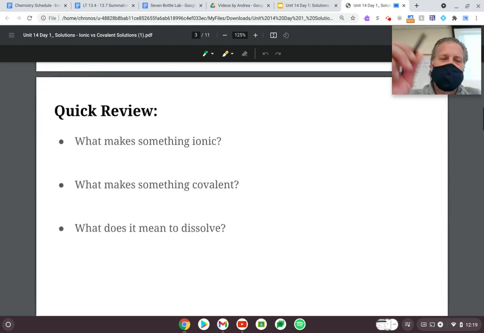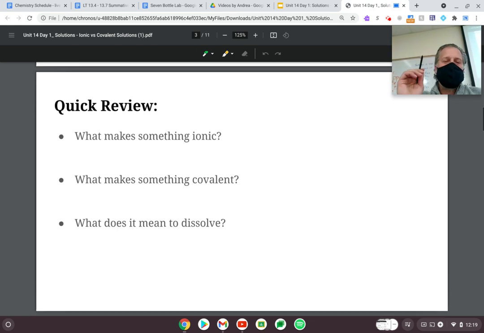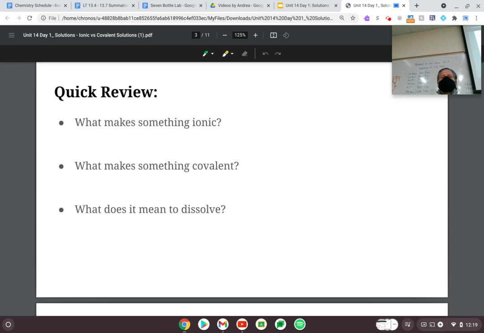But we should recall a couple of things. When we talk about whether or not something is ionic, we're talking about whether or not there is a metal and a nonmetal present.